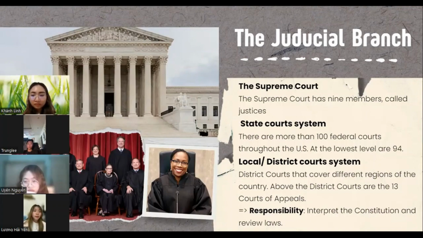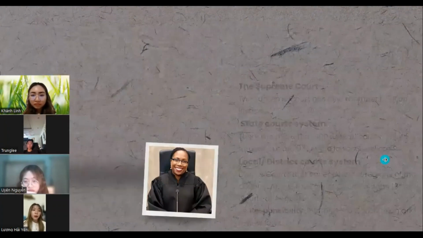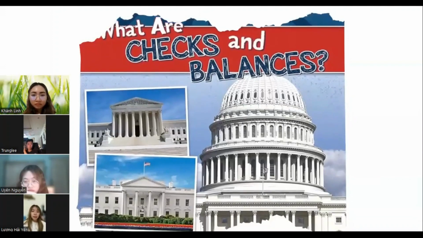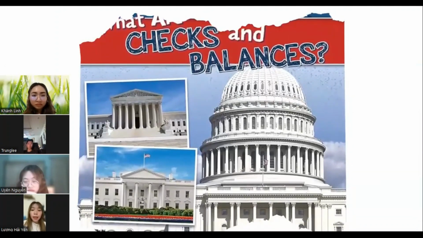So the next principle of the U.S. government, did you know about checks and balances? Even though the branches of government act on their own, they are subject to checks or balances from the other branches.